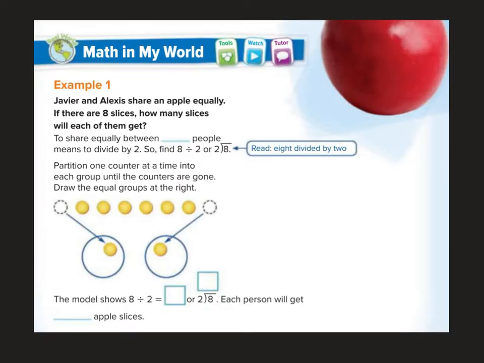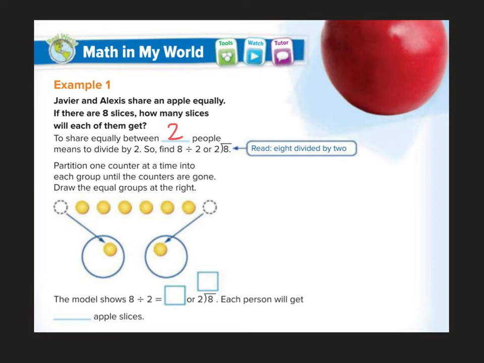Example 1. Javier and Alexis share an apple equally. If there are 8 slices, how many slices will each of them get? To share equally between 2 people means to divide by 2.